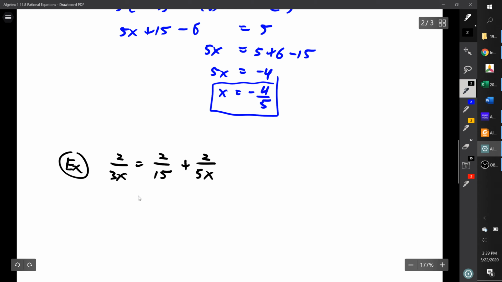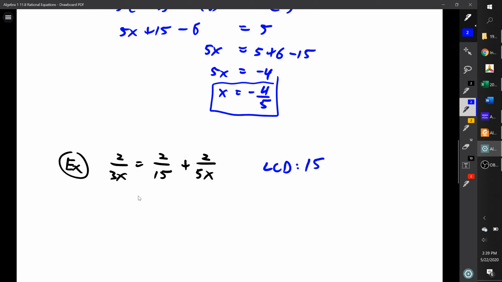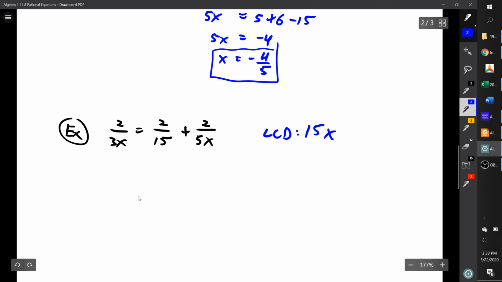All right, so let's find the LCD. What's the biggest thing that 3, 15, and 5 go into? Well, 3 and 5 are both factors of 15. So 15 will work for the number part, and then I need an x in order for each term to also fit into it. Okay, so my LCD is 15x, so I want to multiply each term by 15x.